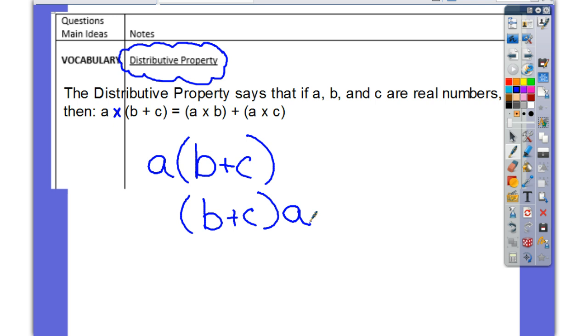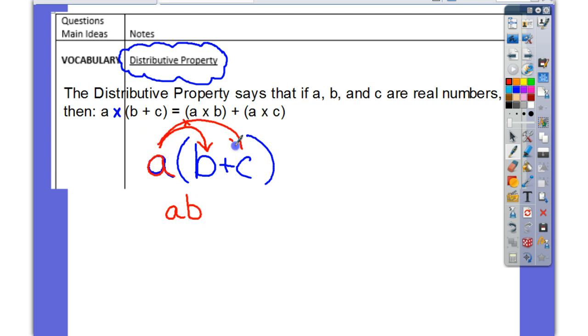All right, and what this is telling me is that we need to distribute it. I need to distribute this A, and I need to multiply it by each term inside the parentheses. So if I do this one first, I'm going to take A times B and get what? I'm going to move this one to the side. What is A times B? AB, right? Yeah. A times B is AB.